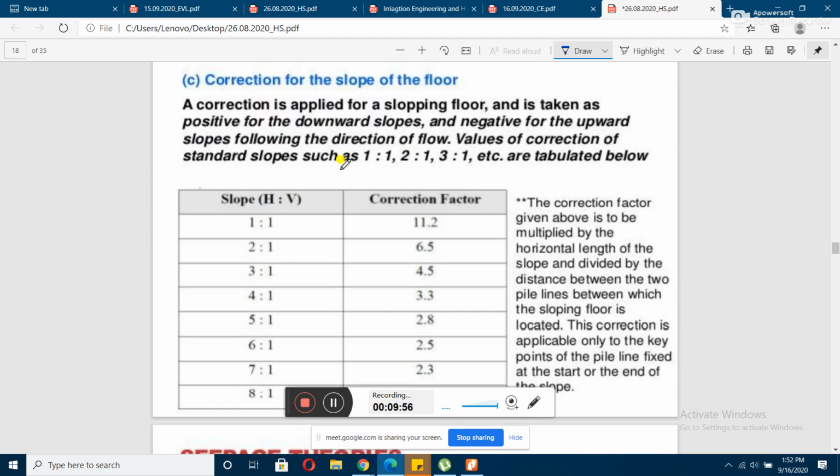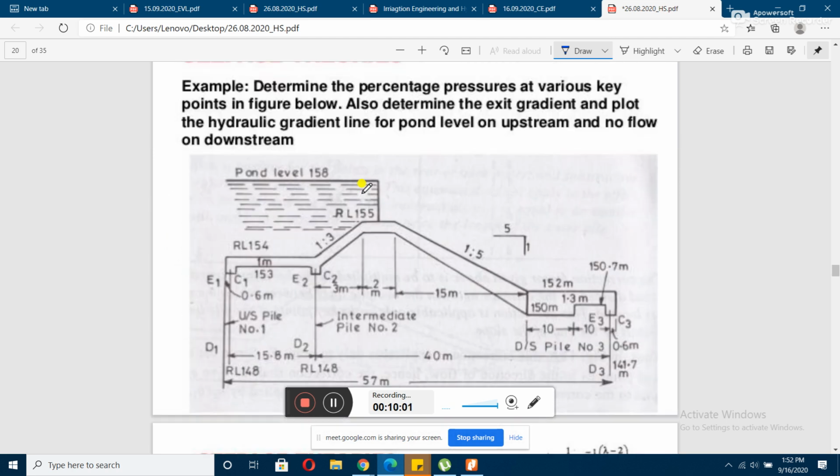And what is the correction for the slope of the floor? So we have seen that, yes, considering this particular slope, there will be a decrease of pressure, because if the floor was kept horizontal like this, then the water pressure generated here would be more than when you are considering this slope, because the water has enough area, so there will be a reduction in the value of C2 that you are finding out.